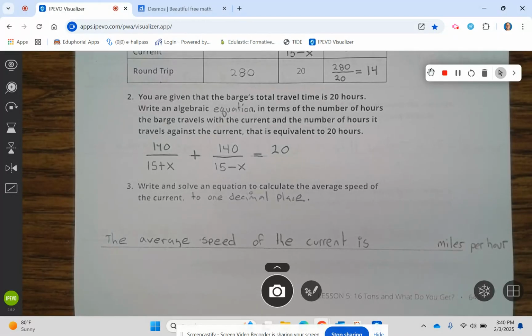3. Write and solve an equation to calculate the average speed of the current to 1 decimal place. Okay, so to do that, we're going to use decimals, and we're going to graph the left side and the right side.